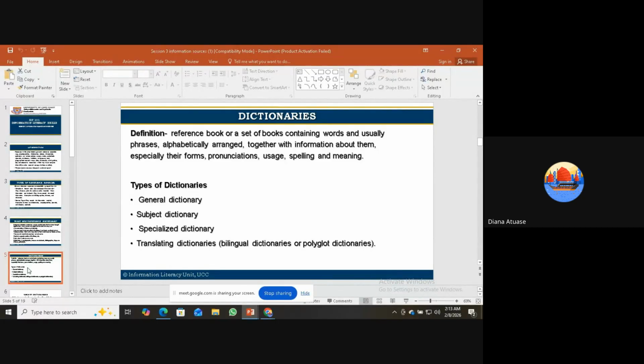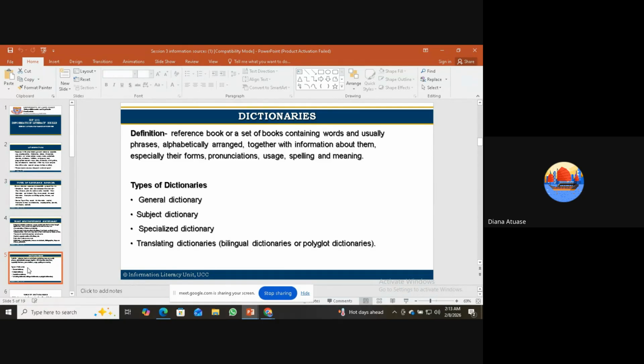We have general dictionaries. This dictionary covers all subject areas. For the general dictionary, for example, we have the Oxford and the Cambridge Dictionary. They are all general dictionaries, and they cover all subject areas. Then we have the specific subject dictionary.